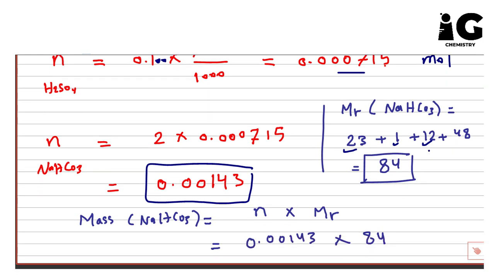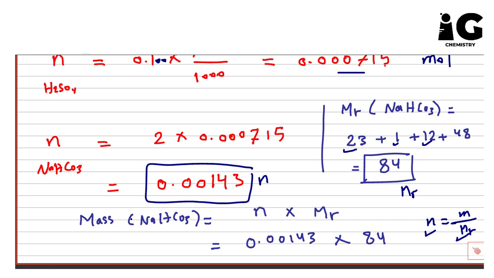Okay. So let's come back. Now we have the MR. Again, this is MR. And here we have N. This is number of moles. So, guys, we can say N equals mass over MR. So we have N and we have MR, so we can calculate the mass of the sample.